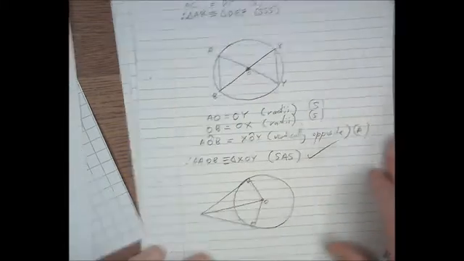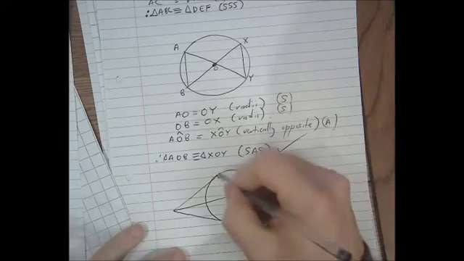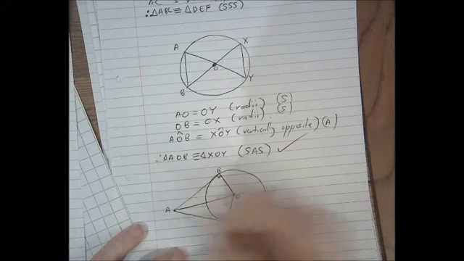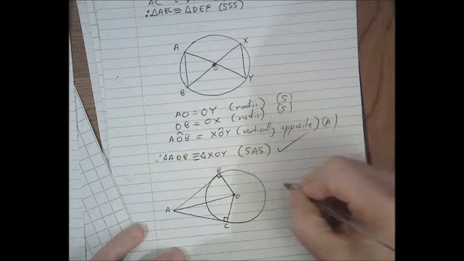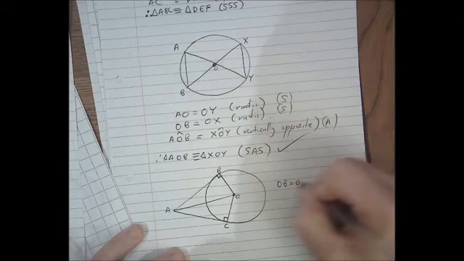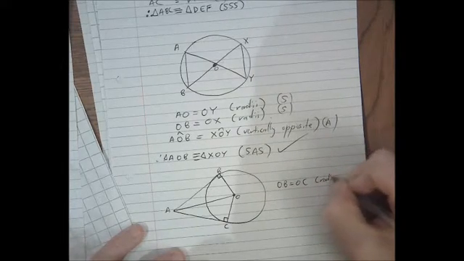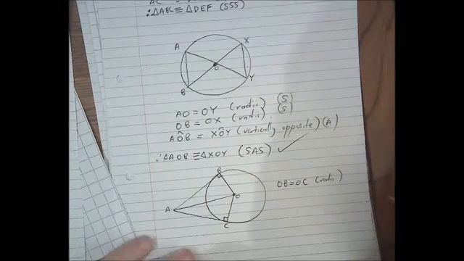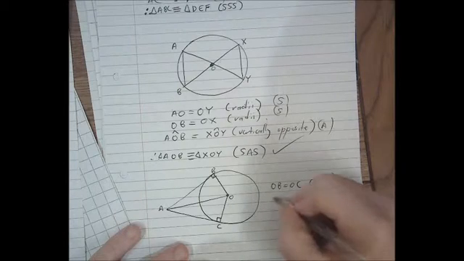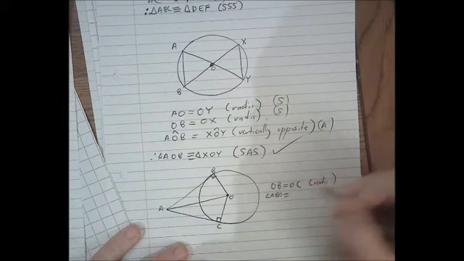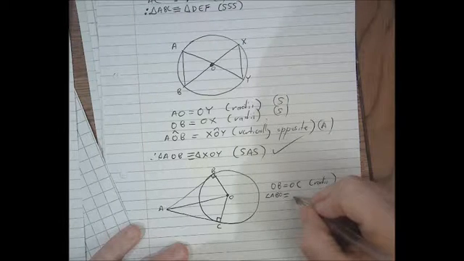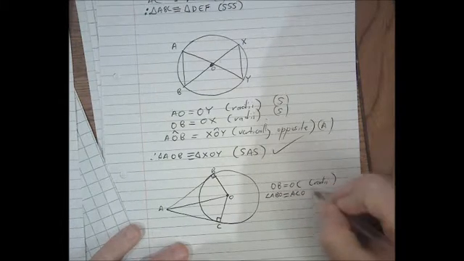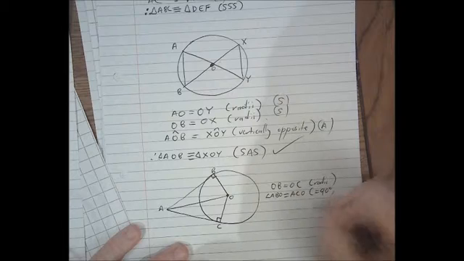Okay, so here I go. Let's put some letters on. So, OB equals OC because they're radiuses of the circle. Also, angle ABO is equal to angle ACO because they're both equal to 90.